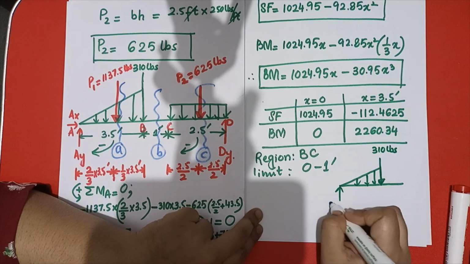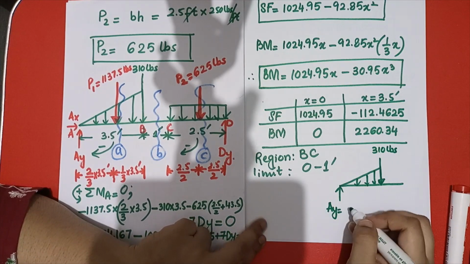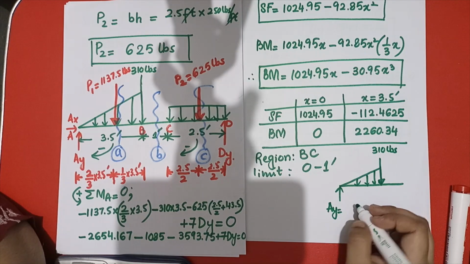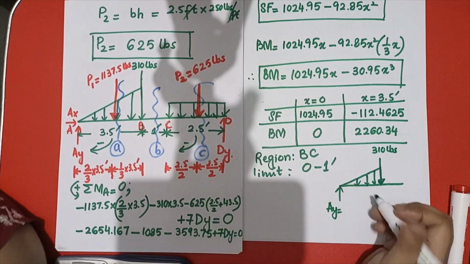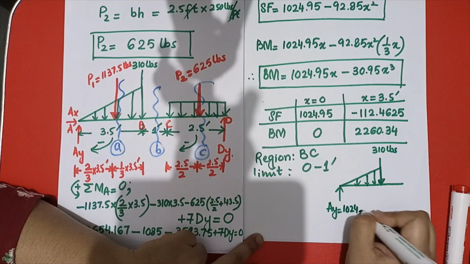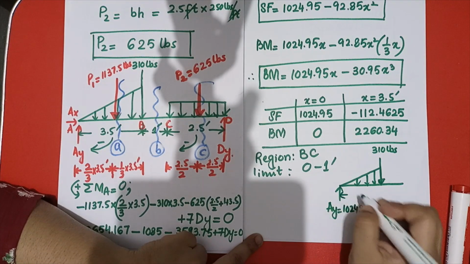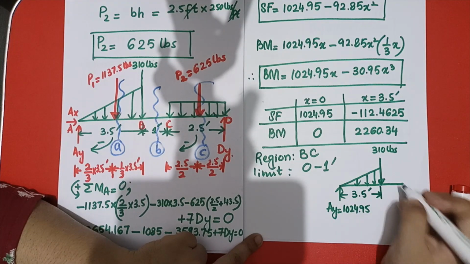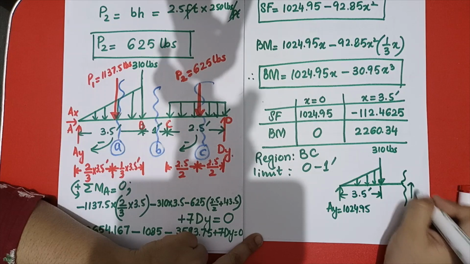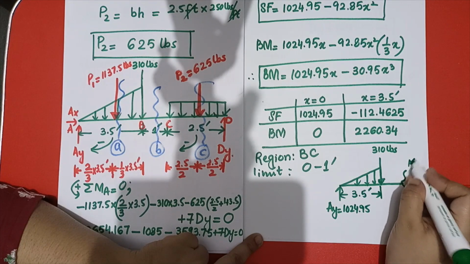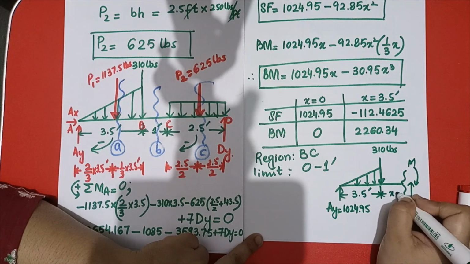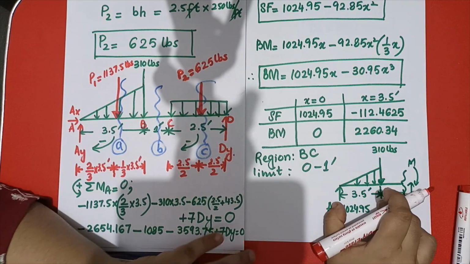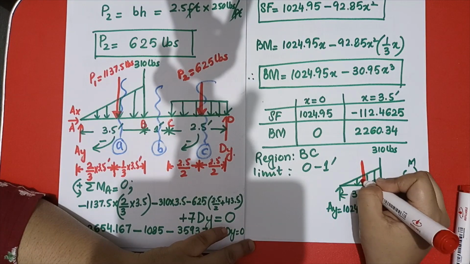The value of AY is coming out to be 1024.95, and we will take this as 3.5 feet because the section is not cut over here. Here is your section cut, this is V, and this is the moment, and this distance should be X. Your point load will remain the same because it is at a distance of 3.5 feet.